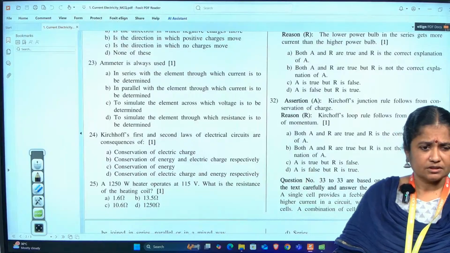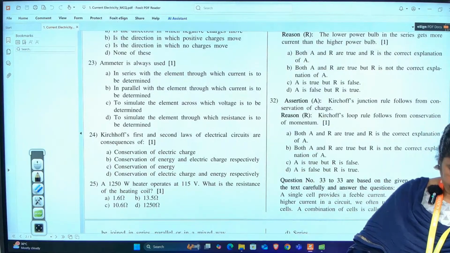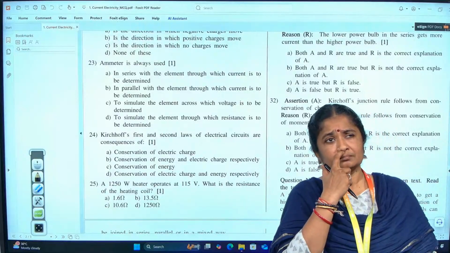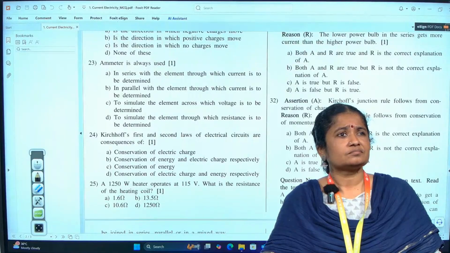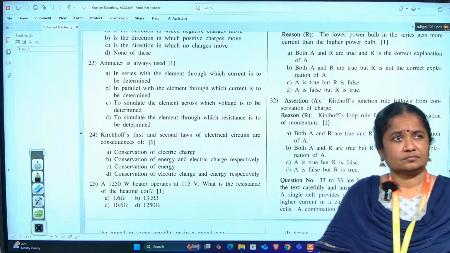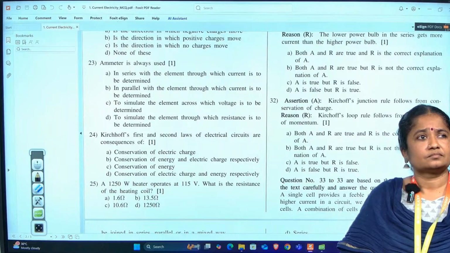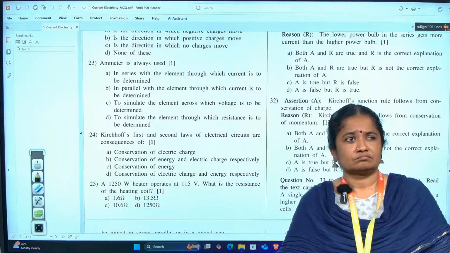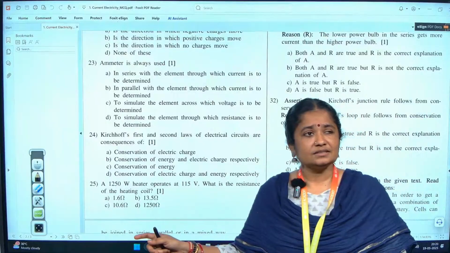No, it comes 10.6, not 1.6. Check. Farzana, calculated. Dishita. Yes, yes. Tell me.